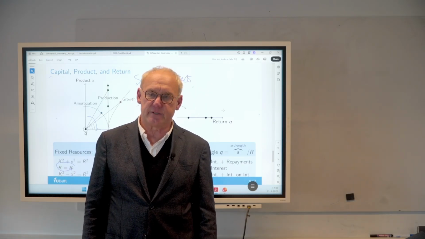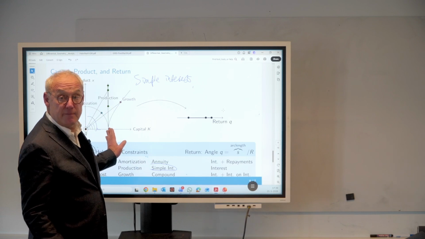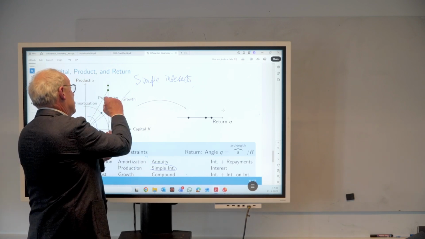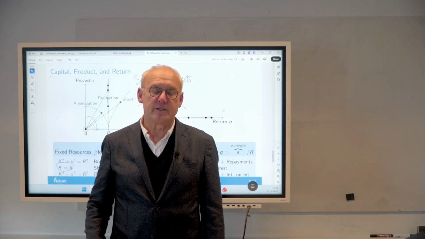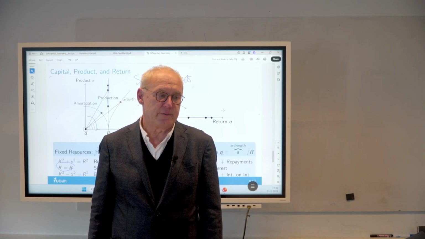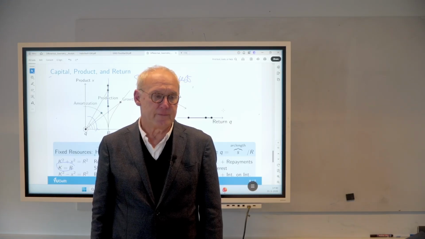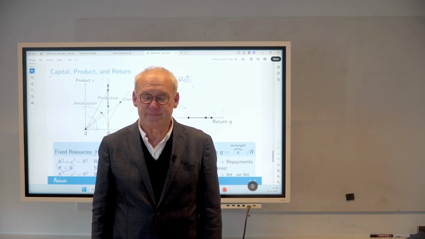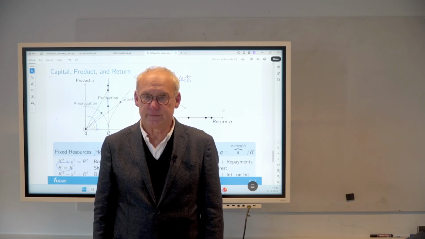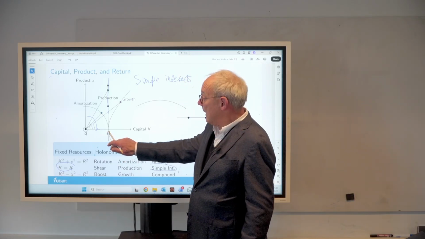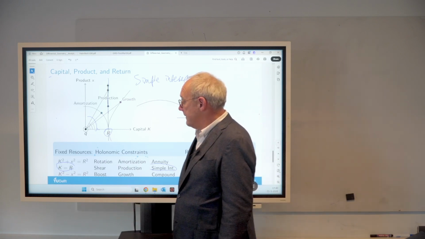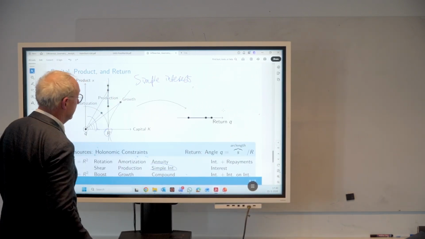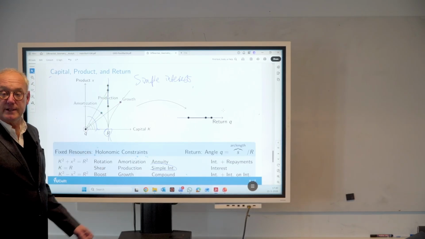That's called simple interest. So your investment stays the same, R. But the interest over the years is just accruing. We'll call that accruing. And the speed at which this goes is, of course, the interest rate. So the interest rate is an angular velocity. So any kind of thing where the resource itself stays constant can be modeled in this way, this submanifold.